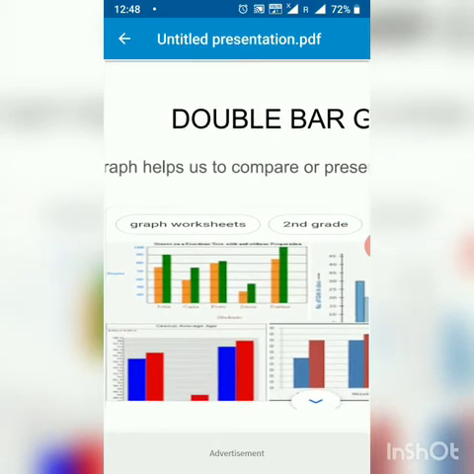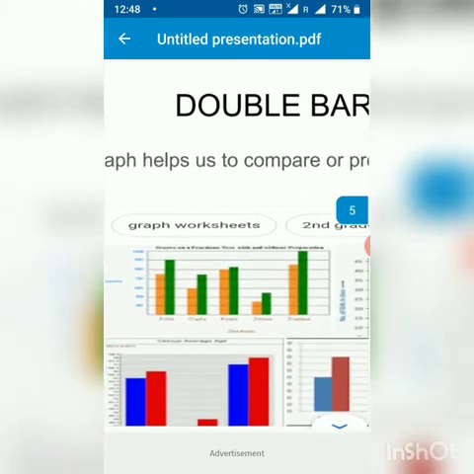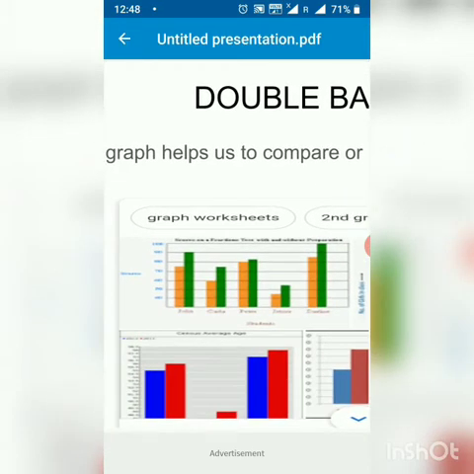So if orange is math and green is science, then you can write the marks in the vertical column and represent different tests. For 5 tests, or by 5 of your friends, it is represented in this way. Okay, got it?